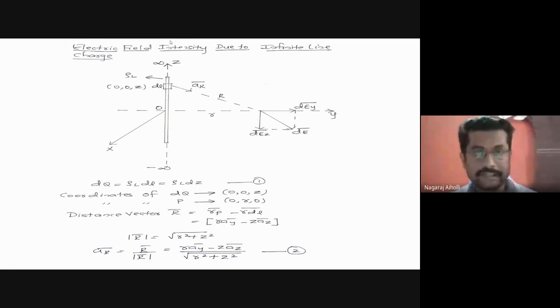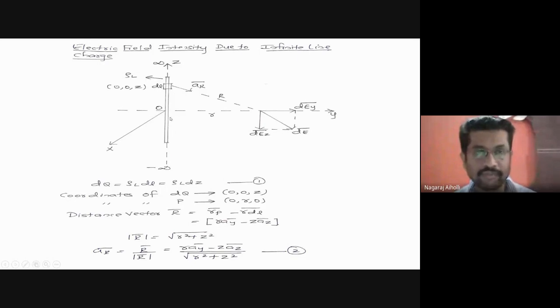Here, as the charge is present on the z axis, it is an infinite line charge, because the charges are on the infinite line. Charges are on the infinite line present on the z axis, and hence it is called infinite line charge.